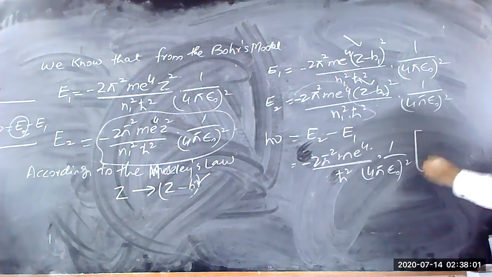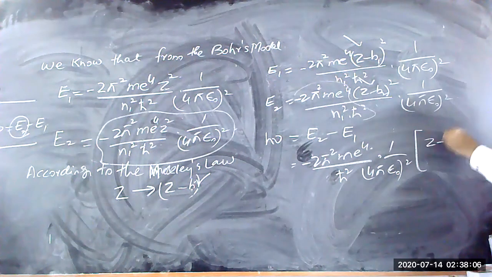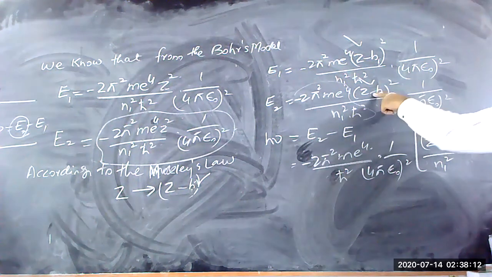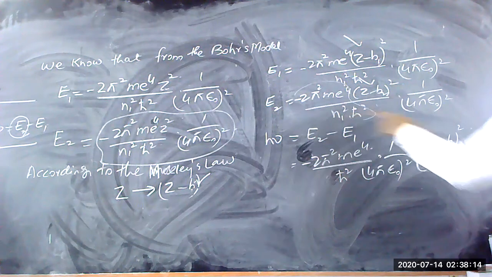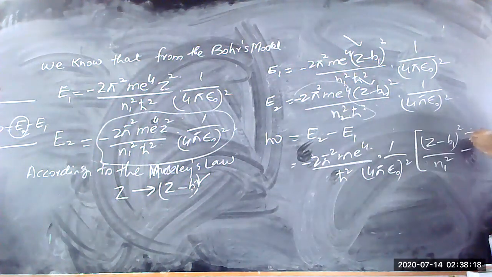This is the constant. The remaining terms are Z minus B1 whole square upon n1 square minus Z minus B2 whole square upon n2 square.